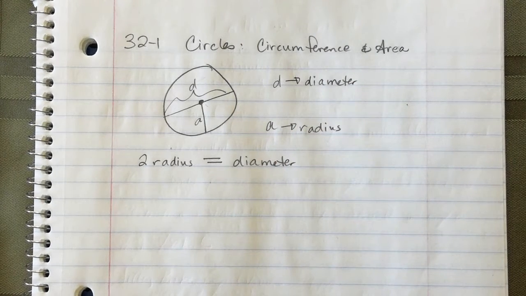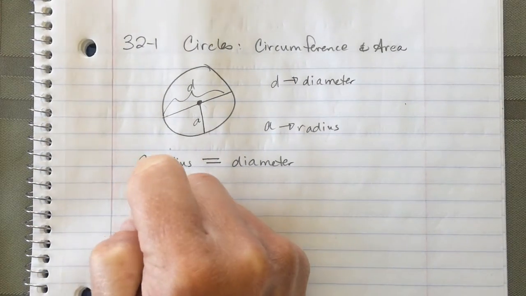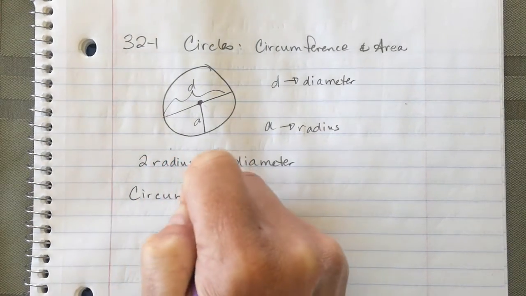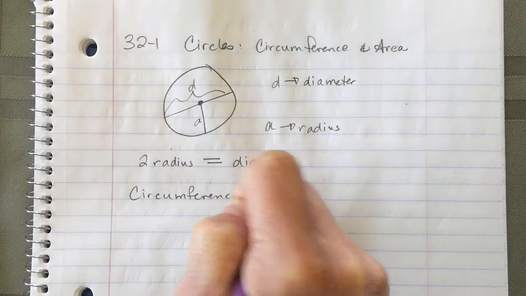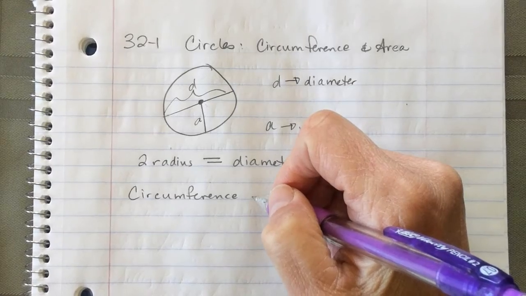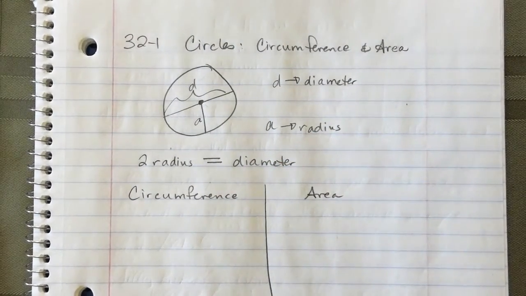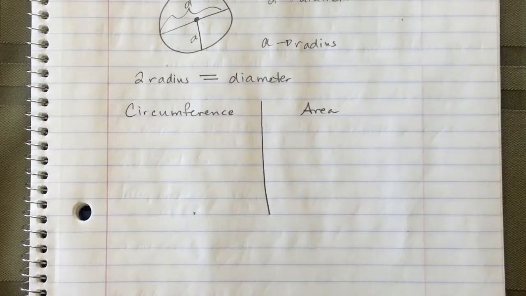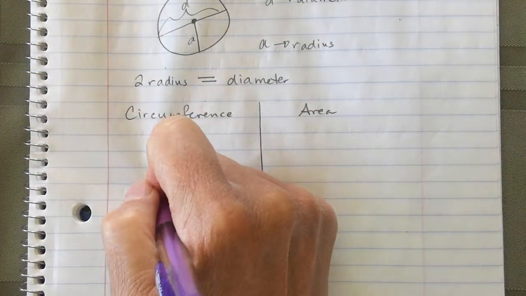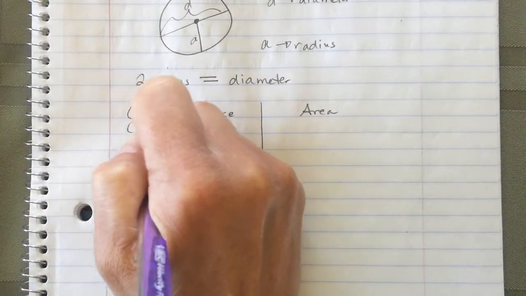So as we take a look at these two refresher vocabulary words, we also need to address the concept of circumference and area of a circle. So that circumference and area. When we think about the circumference, circumference is basically the circle word for perimeter.